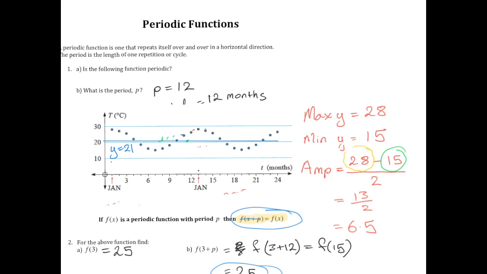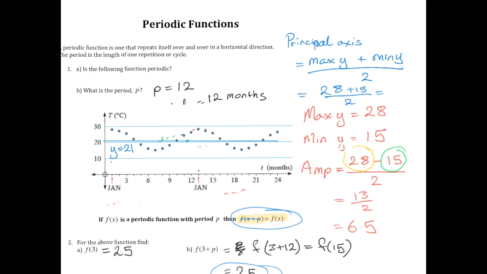According to the formula, the principal axis, on that other page, is, can anyone tell me what it is, it's on their page. So the max y plus the min y over 2, 28, what is it, 28 plus 15? Which is 43. Over 2, and what is it divided by 2? 21.5.